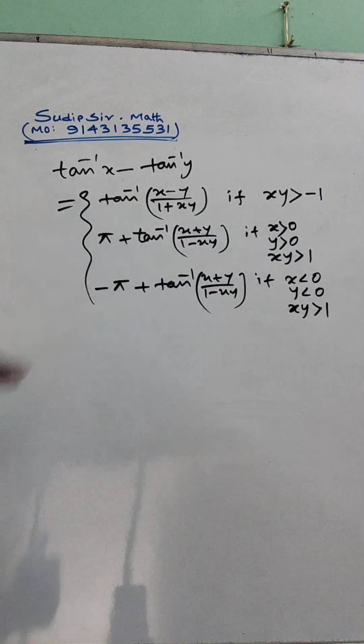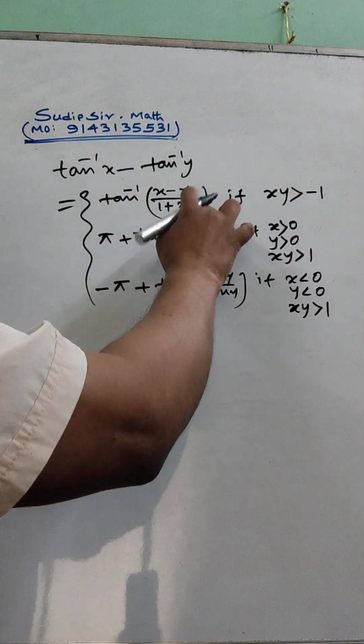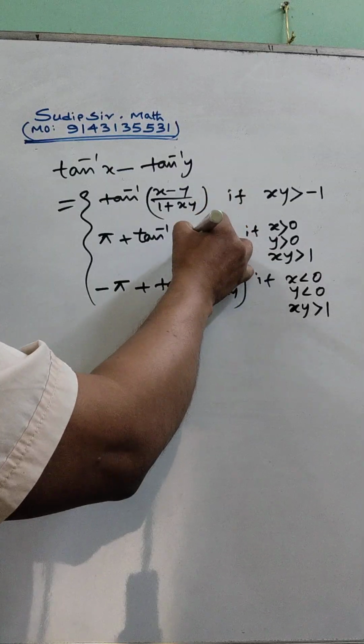And that will be pi plus tan inverse of (x minus y) by (1 plus xy).